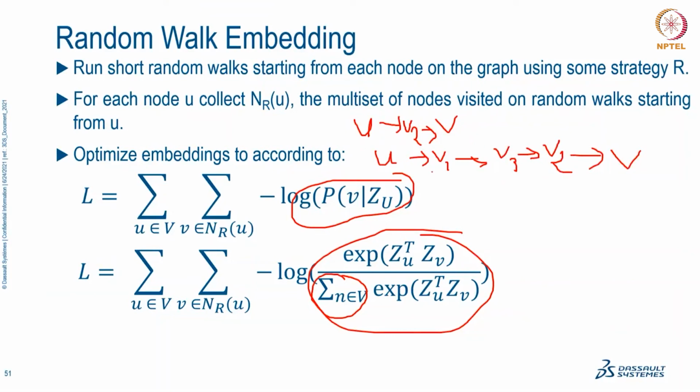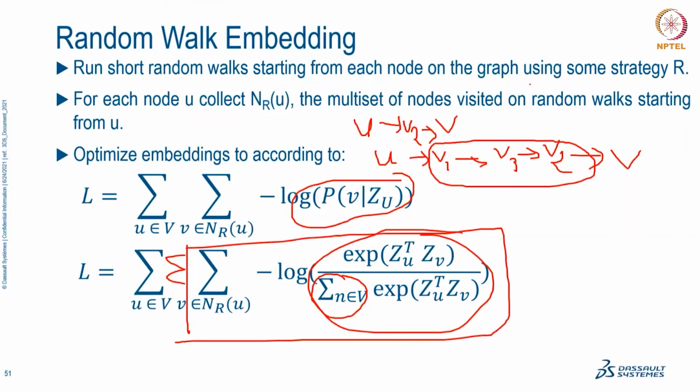For the first one, only one neighborhood node is required to calculate, but for this one there are 3 nodes that we have encountered. So we have to normalize this probability based on all the nodes that are there. And here there would again be a sum because we are taking random walks. This would be for one random walk.